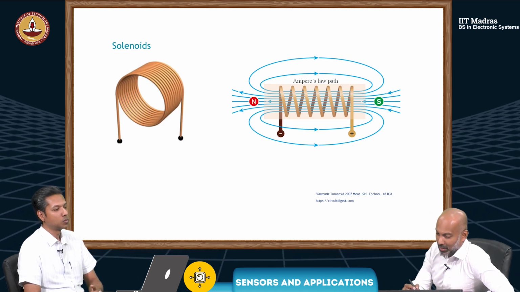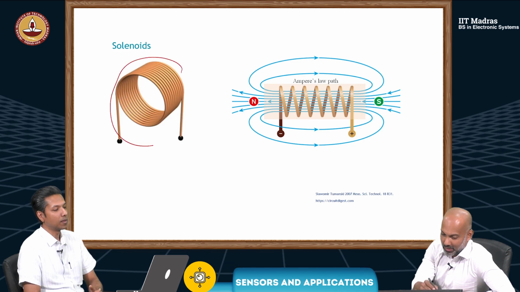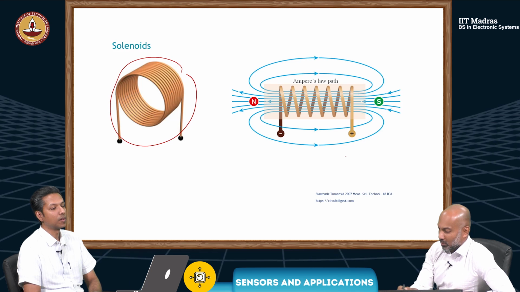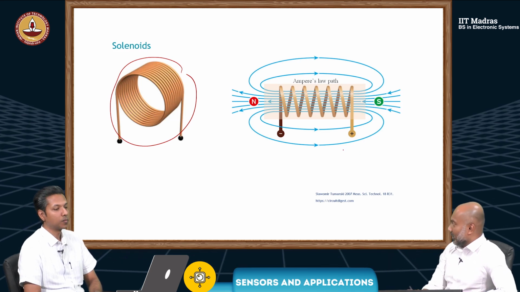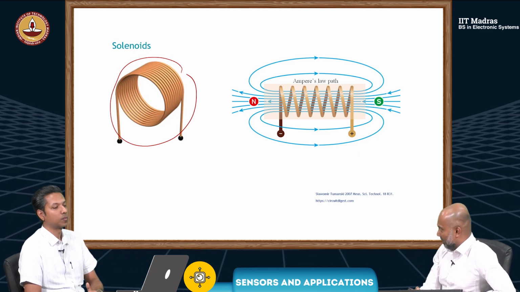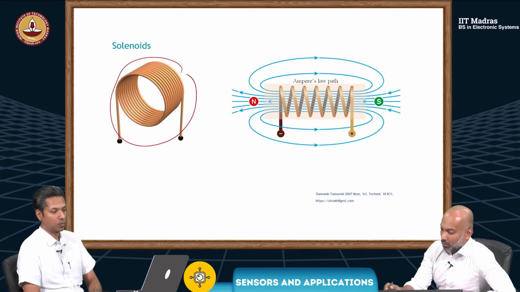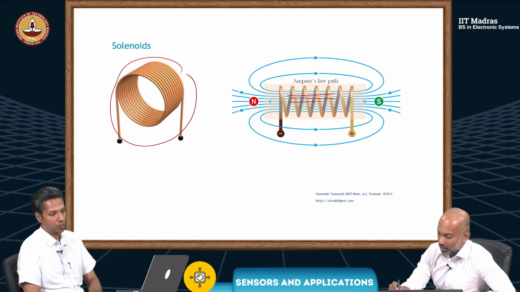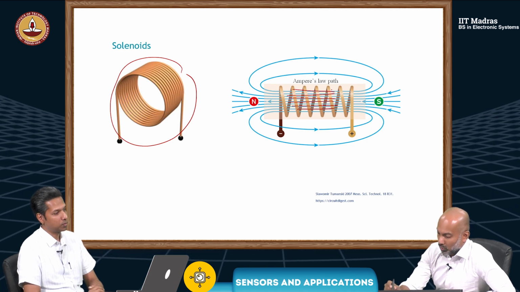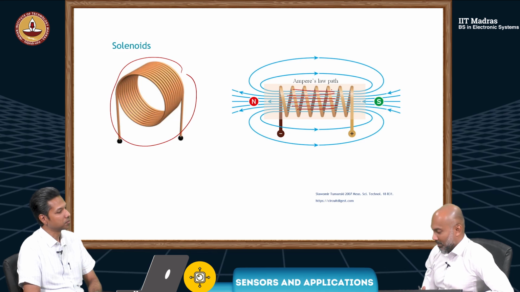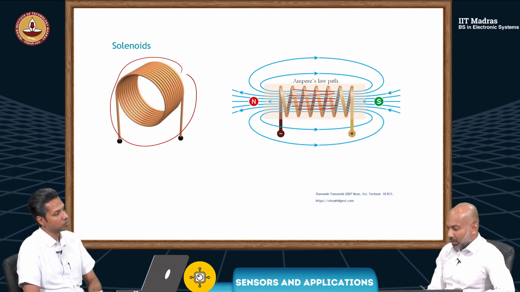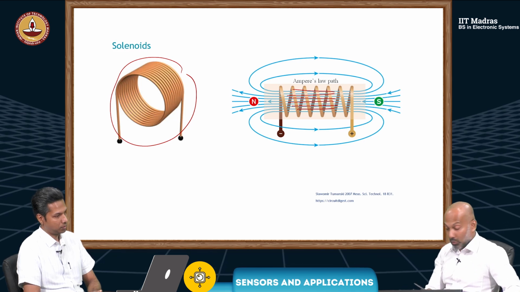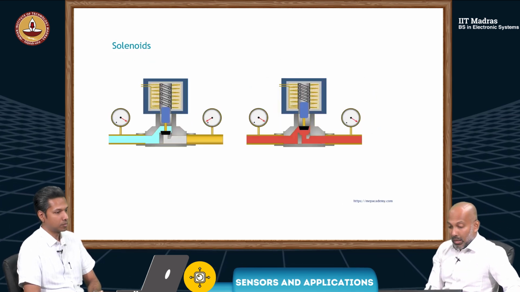Here you have a coil with multiple turns. If you send a current through it, you create a magnetic field. Inside the coil, the field lines are somewhat uniform, parallel to each other. So by applying a current, you get a uniform magnetic field inside the coil.